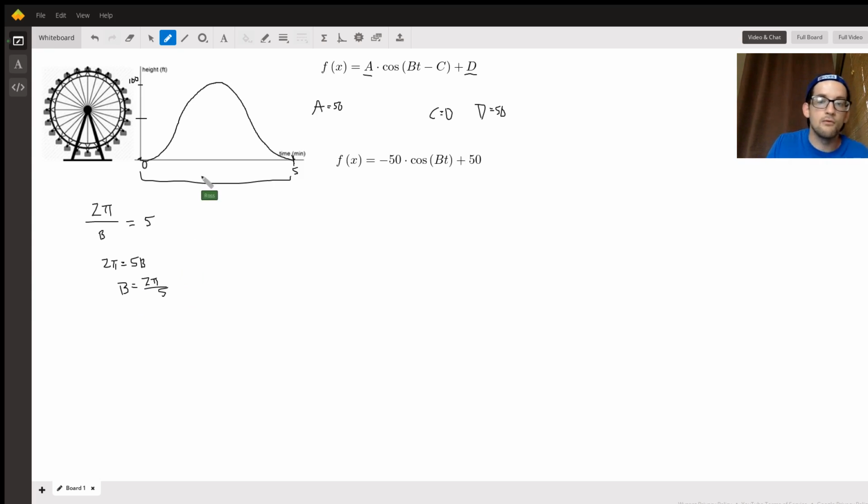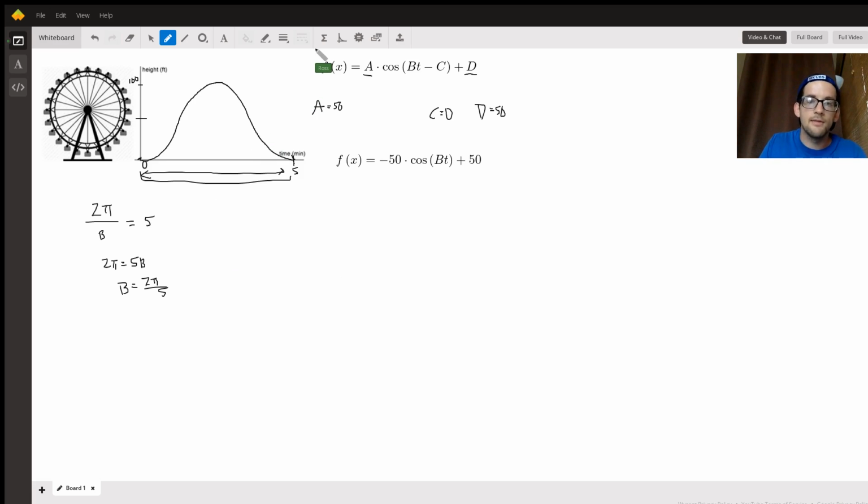That's not the period itself. We want the period to be 5 minutes. But to get that period, this tells us that our b would need to be 2 pi over 5. And you could do that with whatever you want it to be. If you don't want it to be 5 minutes, if you want it to be 3:10, who cares? You just substitute that number here instead of 5 and solve it the same way.